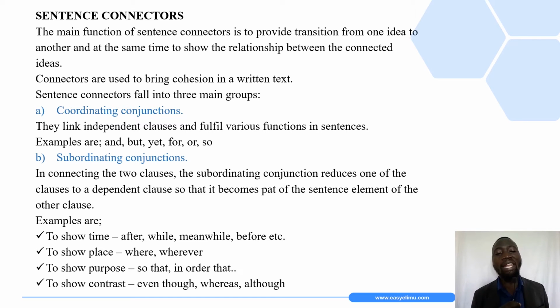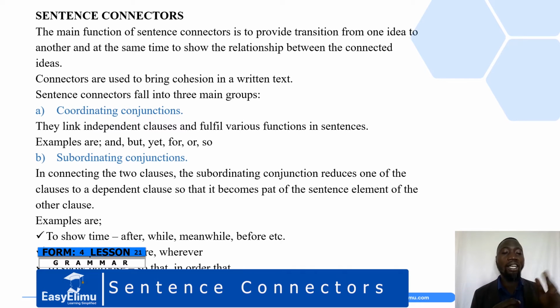Sentence connectors fall into three main categories. The first category, we have the coordinating conjunctions. The second category, we have the subordinating conjunctions. And the third category, we have the conjunctive adverbs. We are going to look at examples under each.